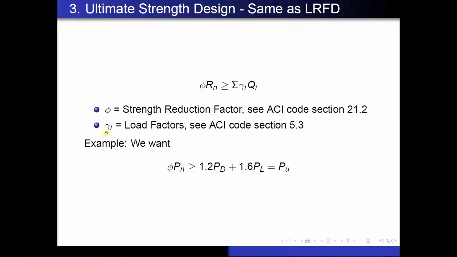And then you also have load factors, which can be seen in code section 5.3. A very brief example here is that if we have a column, we want the phi PN, the nominal factored axial capacity of the column, to be greater than or equal to the sum of the factored loads, which can also be denoted by P sub U. This is just like we did in steel design.